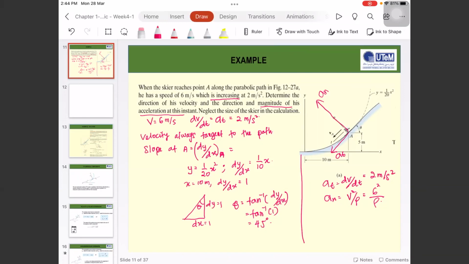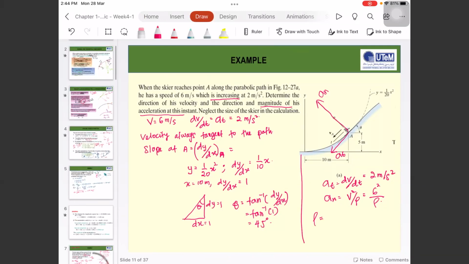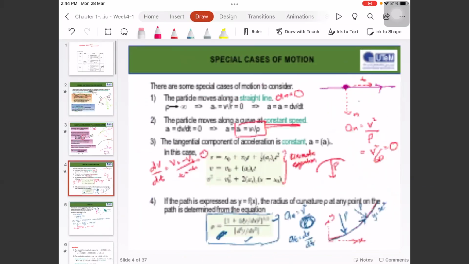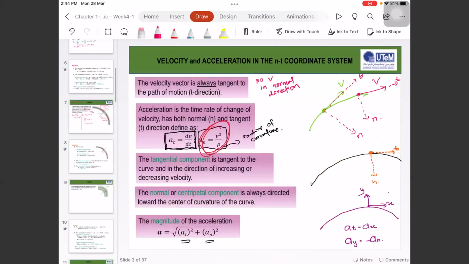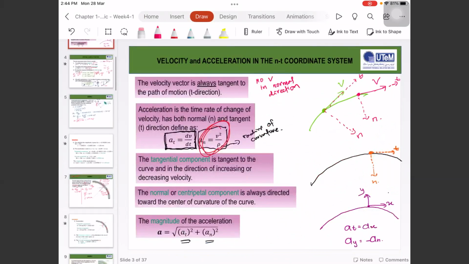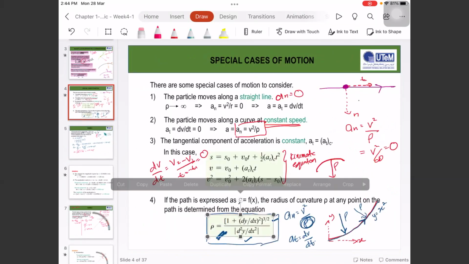So what is rho? Tadi yang equation yang special case. Rho tu yang ini lah.